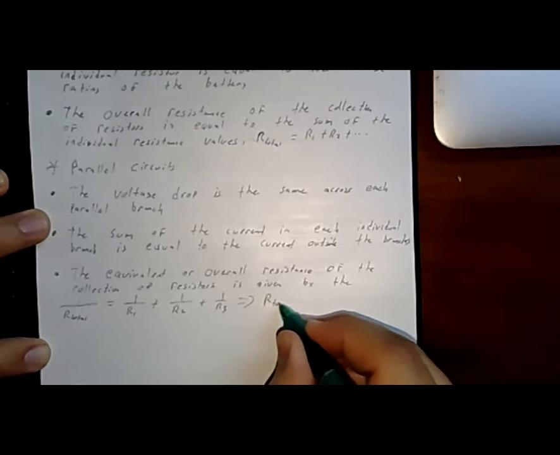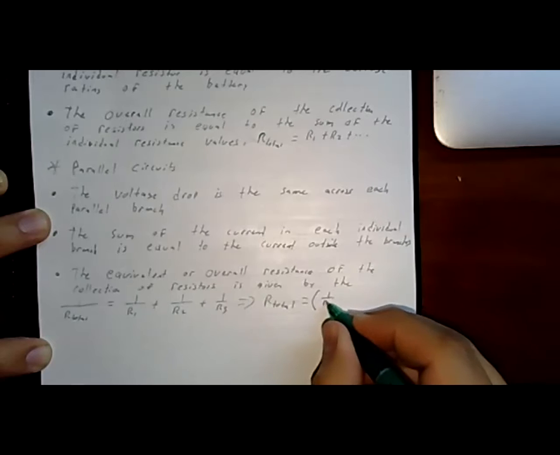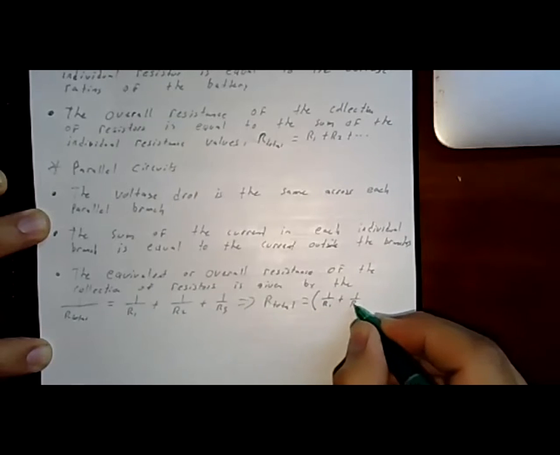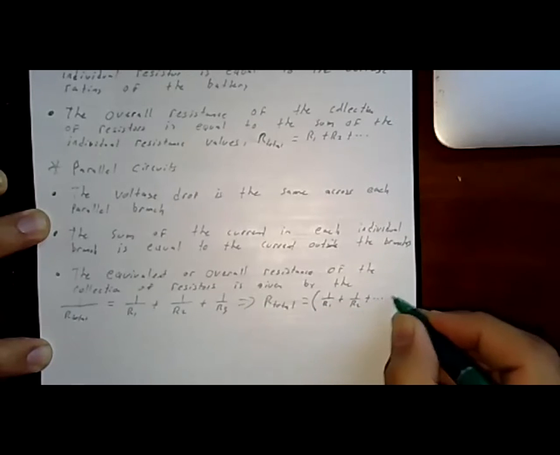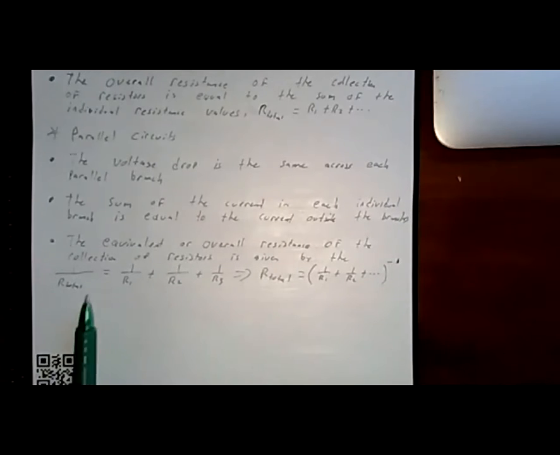The R total is equal to that same thing, just put a -1 on the outside. So if you do this in Excel or your calculator, add the fractions inside the parentheses and put -1, that'll give you the total. Otherwise, you're going to get the reciprocal if you don't do that. Okay. So these formulas are equivalent.